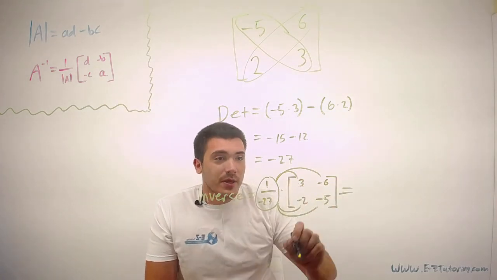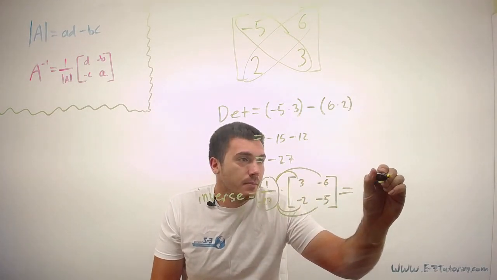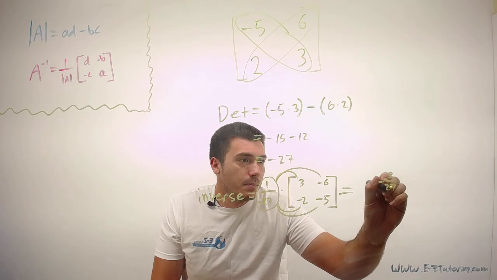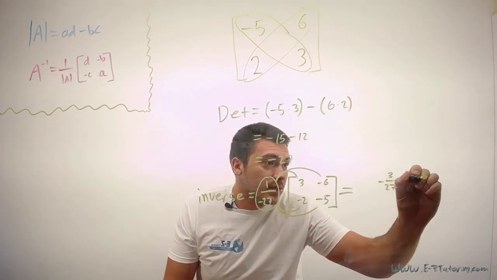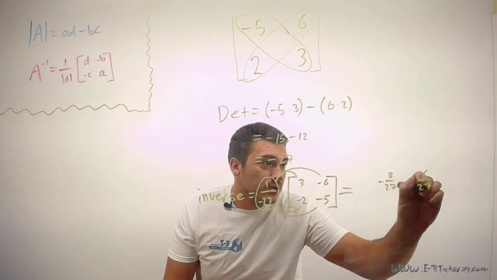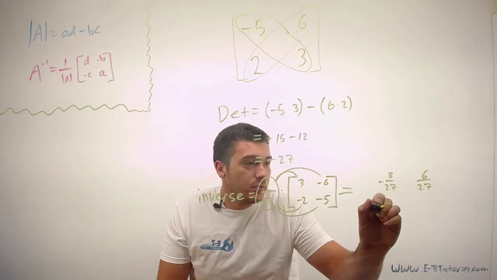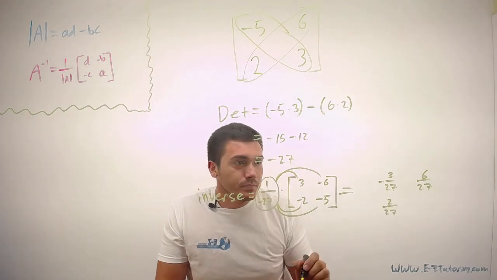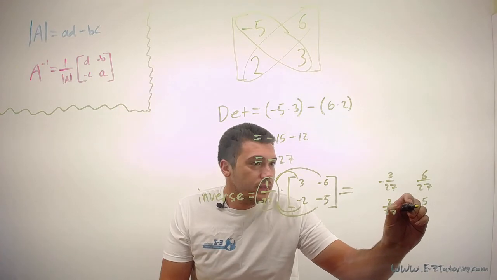So this matrix becomes 3 over -27, -6 over -27. Two negatives cancel, so we just have 6 over 27. Same with the 2, so we have 2 over 27. And we have 5 over 27.